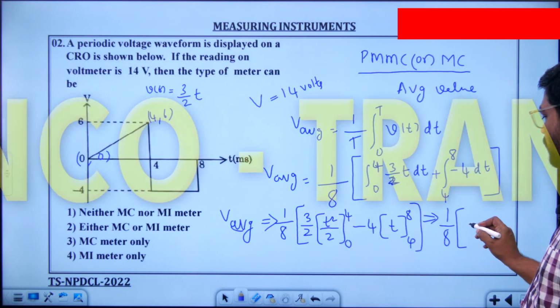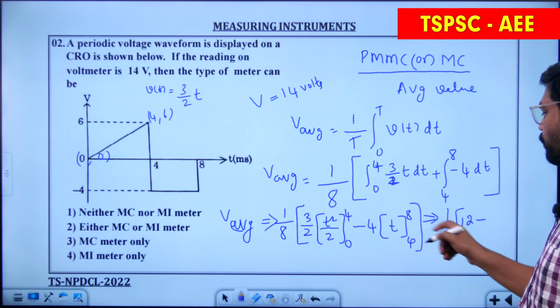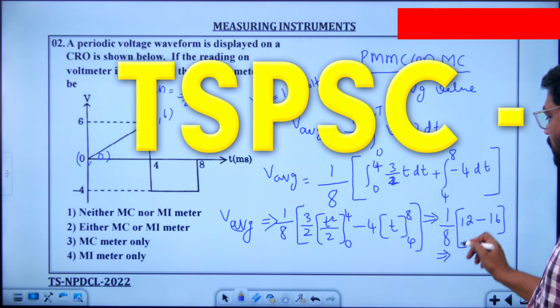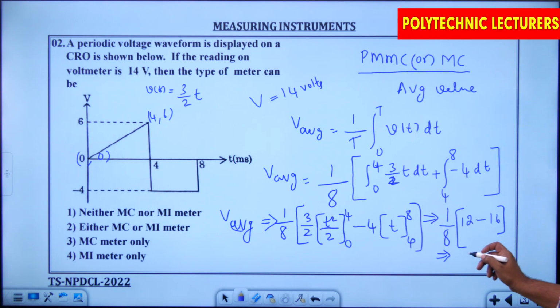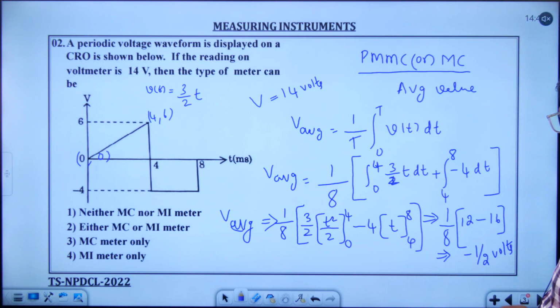So 4 into 3, 12 will come, minus 4 into 8 minus 4, 4 into 4 means 16 will come. So if you observe here, what is the result we got? Minus 4 by 8 means minus 1 by 2. It is not at all near to that. Got the point? So the PMMC reading is only minus 1 by 2.